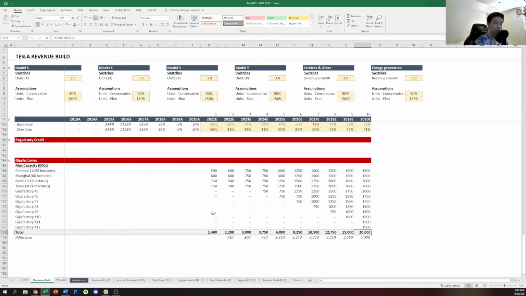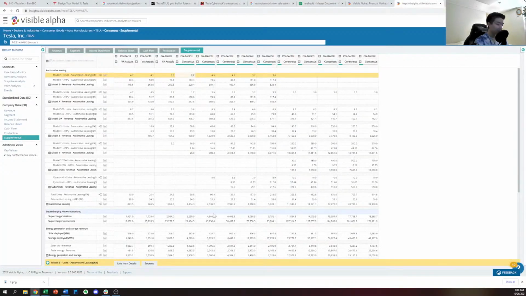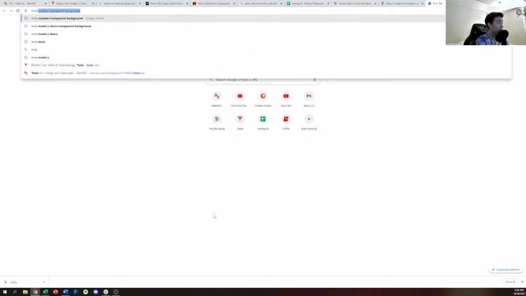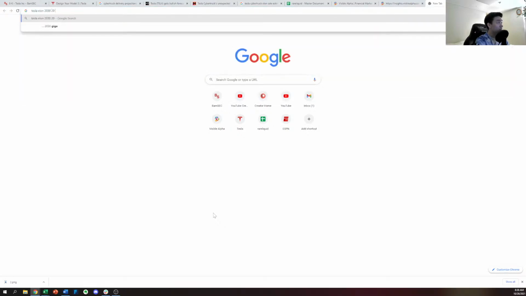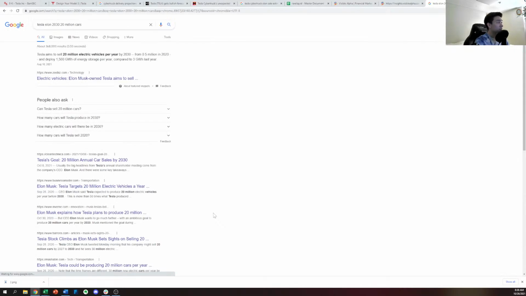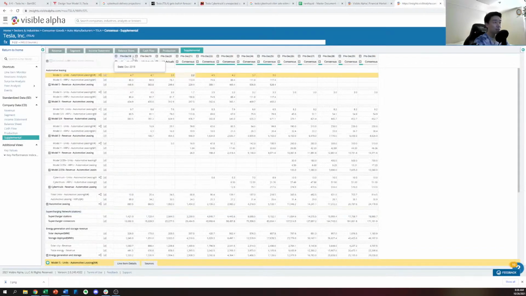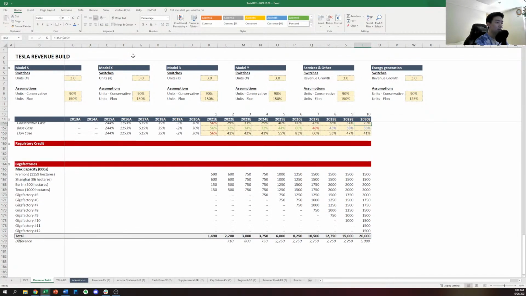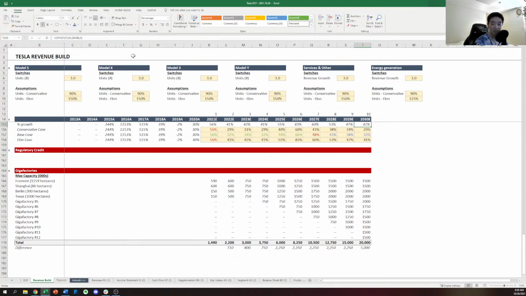He wants to reach 20 million cars by 2030. Tesla aims to sell 30 million electric vehicles by the year 2030. Right? So that's why I mentioned that's what I'm trying to build to first, and that's going to be our most optimistic case, and then we're going to reduce that for a base case and conservative case.